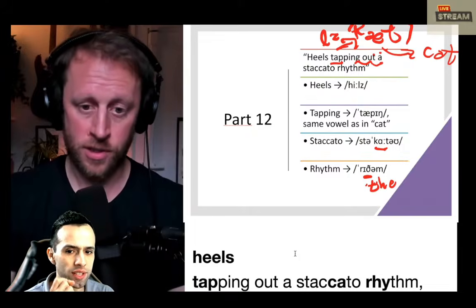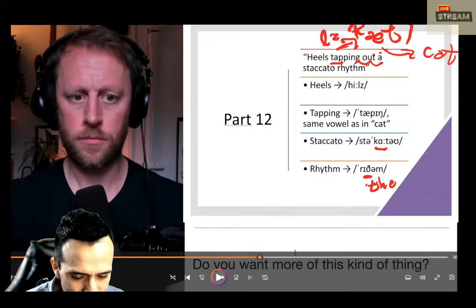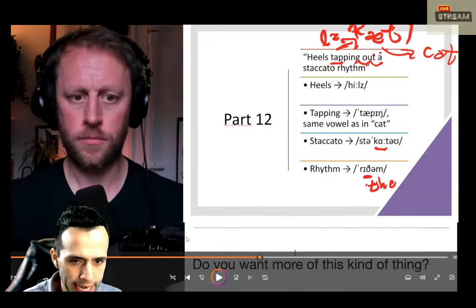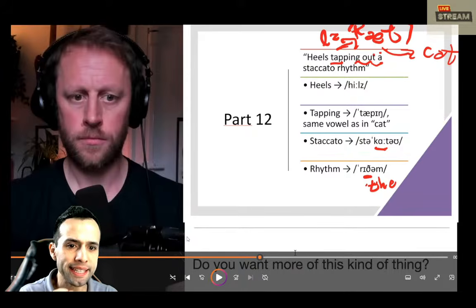Heels tapping out a staccato rhythm. Okay, practice as much as you can. Watch this over and over again until you get it right. So, heels tapping out a staccato rhythm.